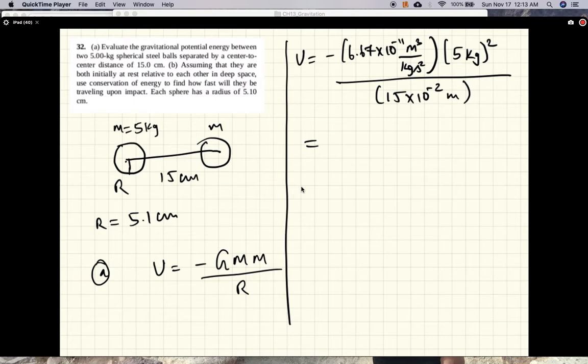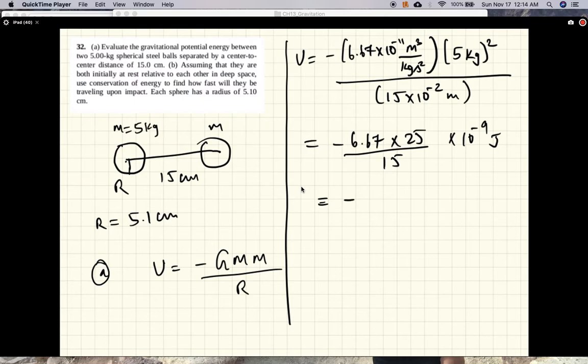Alright, so this is energy, so all these units should combine to give you joules. Okay, let's take care of powers of 10. This is 10 to the minus 11, and so you get 10 to the minus 9 joules, and 6.67 times 25 divided by 15.